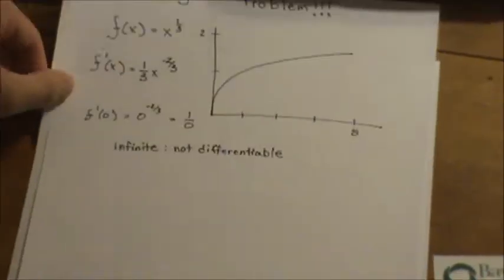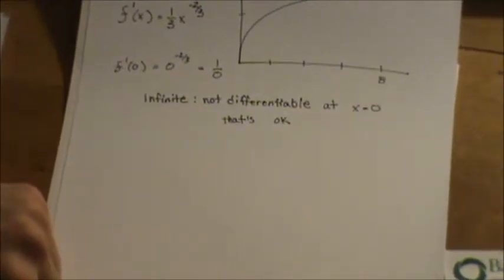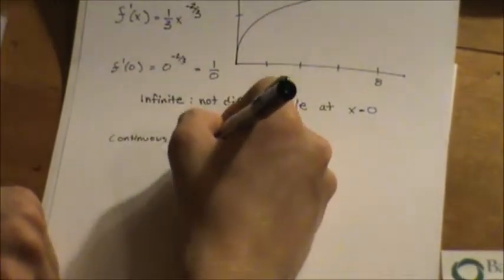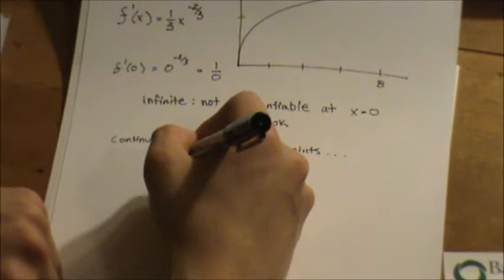So it doesn't work. But that's okay, because the endpoints don't have to have a derivative. They have to be continuous, which they are, because we see that the limits as x approaches 0 and x approaches 8 are 0 and 2 respectively.